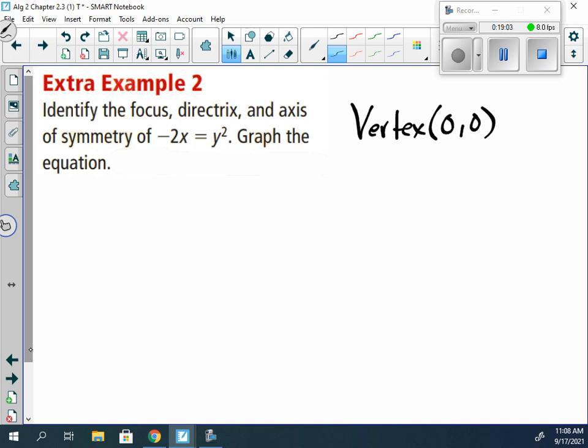Now we need to figure out which of the two equations we're going to use. Are we going to use y equals 1 over 4p, parentheses x minus h squared plus k? Or our x is equal to 1 over 4p times y minus k squared plus h? We're going to use the x is equal to 1 over 4p times y minus k squared plus h.